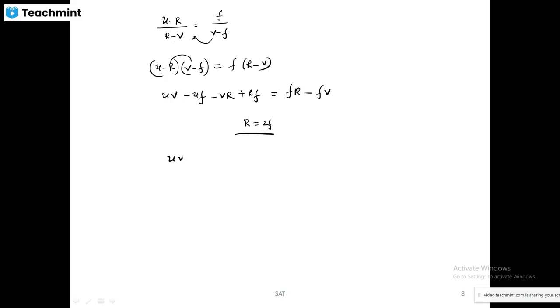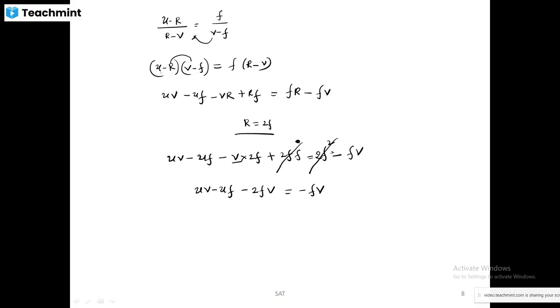UV minus U into F minus V into R, that is 2F, plus R into F, which is 2F squared, is equal to FR, that is 2F squared minus F into V. So 2F squared cancels. Next my answer is UV minus UF minus 2FV is equal to minus FV.